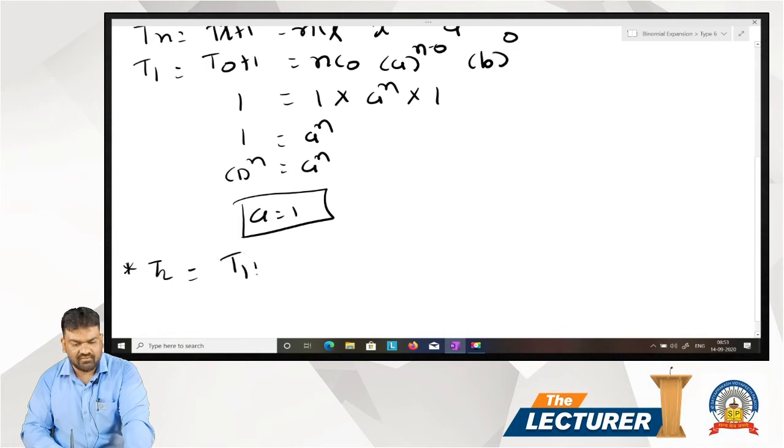Now T2, that is T(1+1), nC1 a raised to n minus 1, b raised to 1.